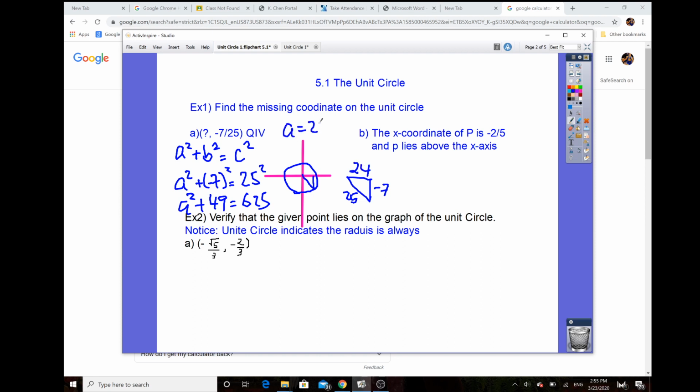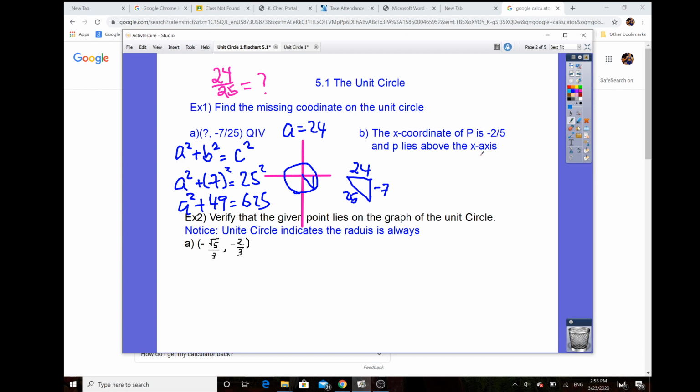Again, a, we just solved it, is positive 24. Okay, so now, since we came up with that 24, that means for the adjacent, the x value, it's considered adjacent over hypotenuse because that's cosine of that angle theta. So we do have 24 over 25 for the question mark.